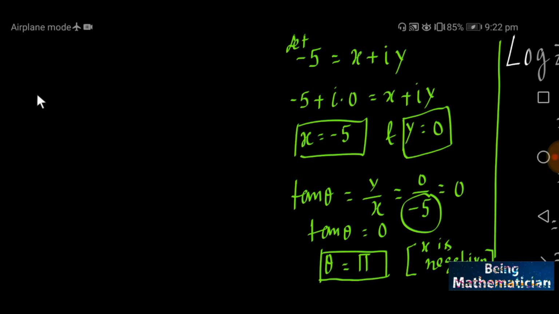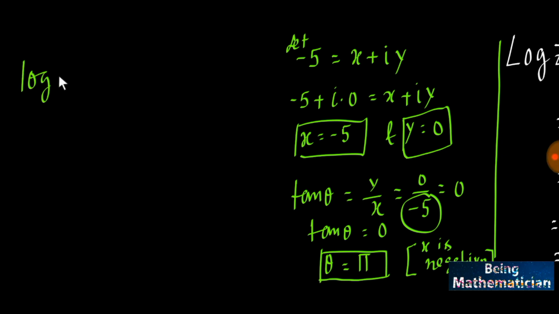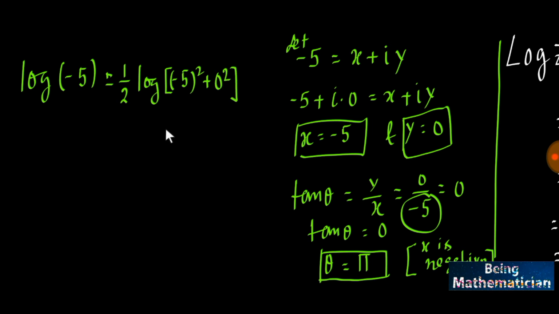Therefore we can evaluate the value of log of minus 5 from these results. So now it is clearly half into log of (minus 5 whole square plus 0 square) plus i into (2n pi plus pi).